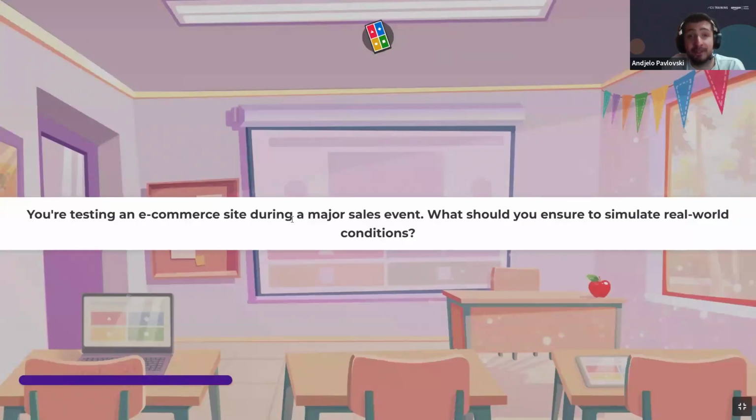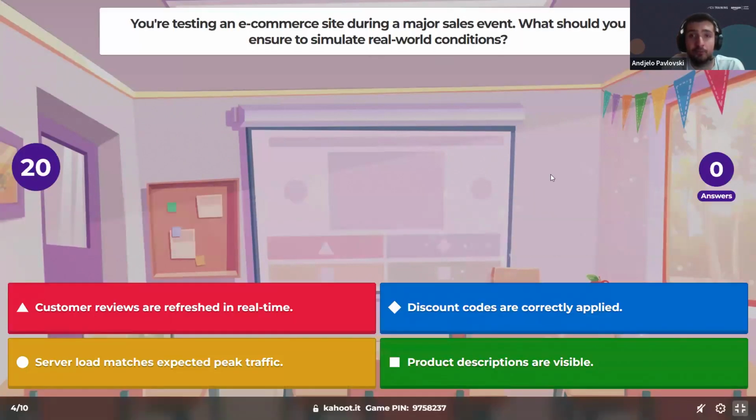You're testing an e-commerce site during a major sales event. What should you ensure to simulate real-world conditions? So what would you ensure to simulate real-world conditions? Which one do you think makes the most sense?